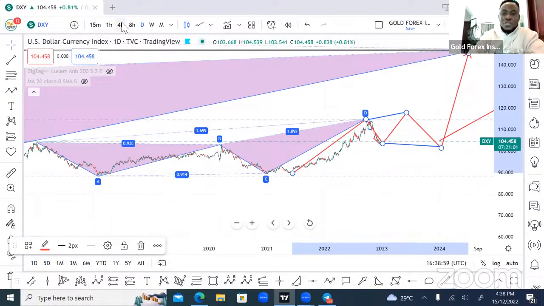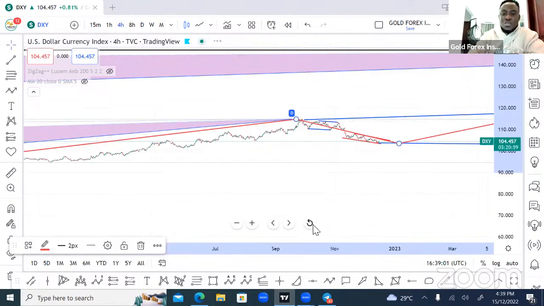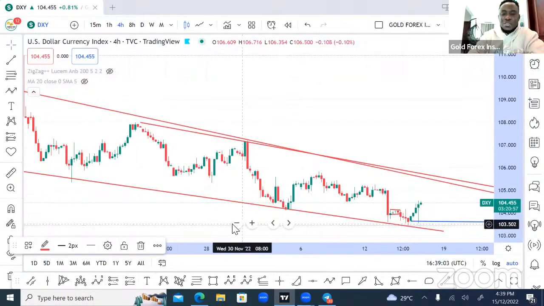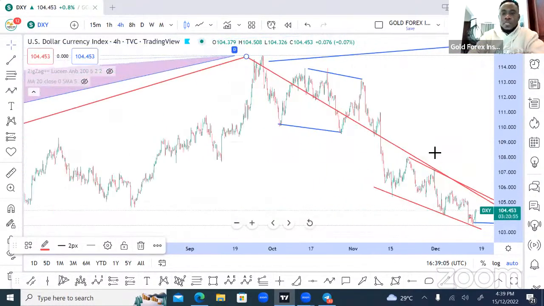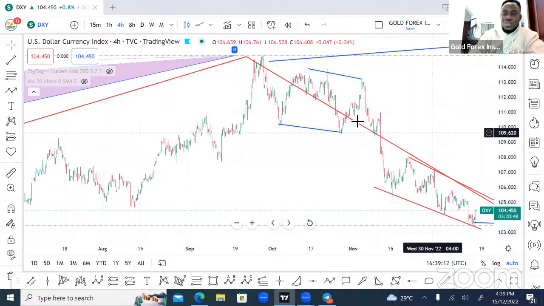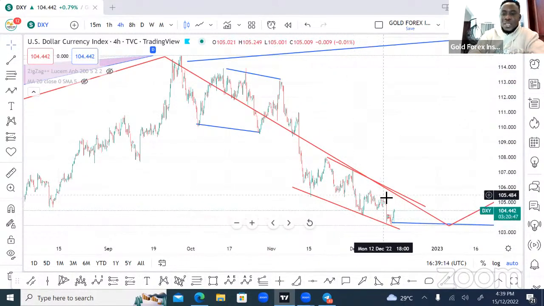Now, if it will form a triangle, then this correction will be A, B, then C, D, E, to form a triangle correction before it will go up, okay?